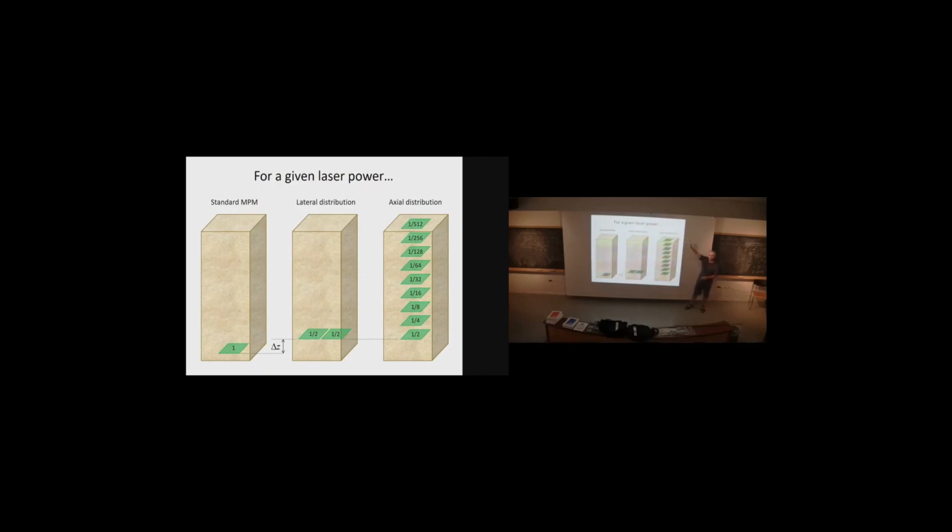But here there's 10 planes for the same amount of power as I would have had 2 planes if I did the transverse separation. So with the same amount of power, I can almost go as deep as a standard multiphoton microscope. I just took a 100 micron sacrifice in depth, but when you're going about a millimeter deep, 100 microns is not a huge sacrifice for the same amount of power.